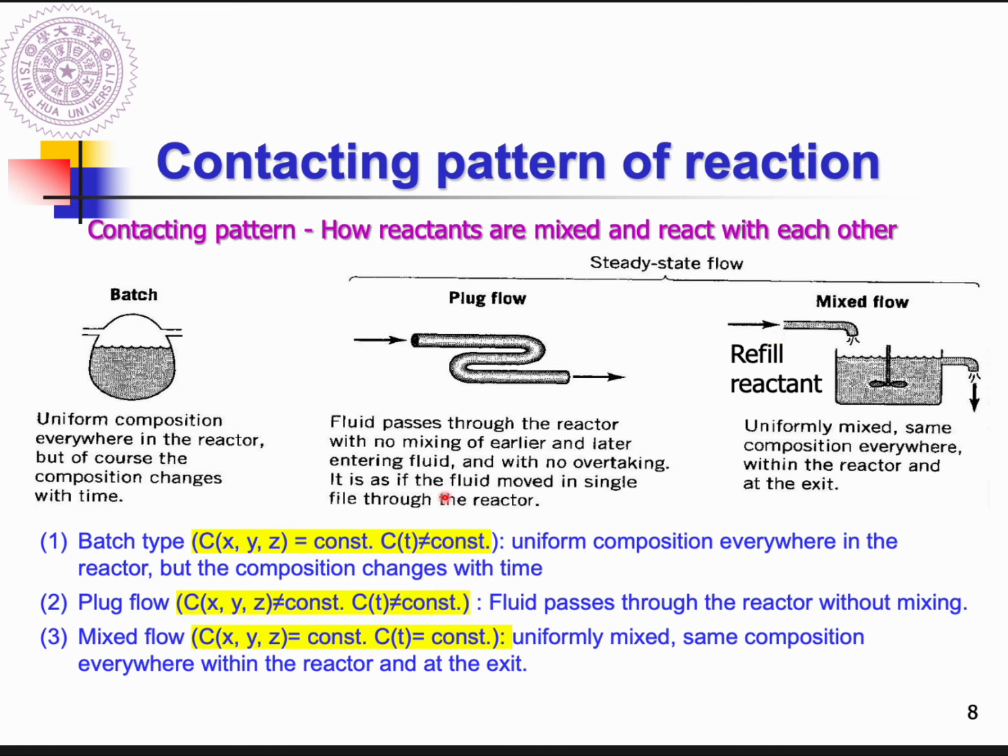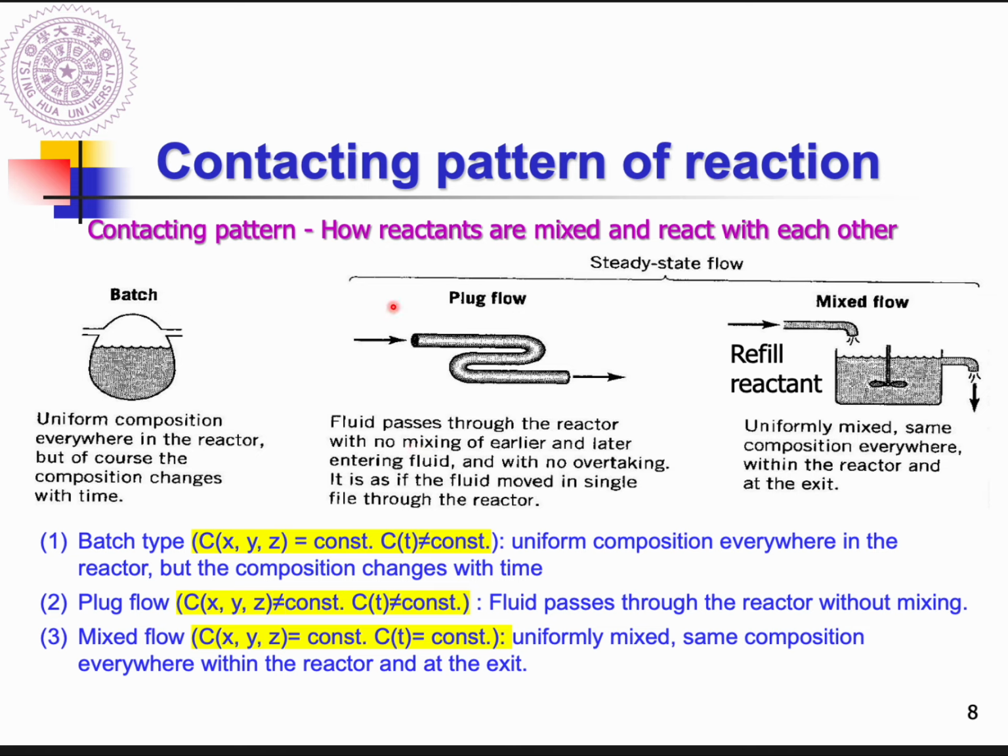So based on these three different types of contacting patterns, my question would be, in your opinion, which one would kinetics talk about? Which one do you think the kinetics process will be more interesting in?